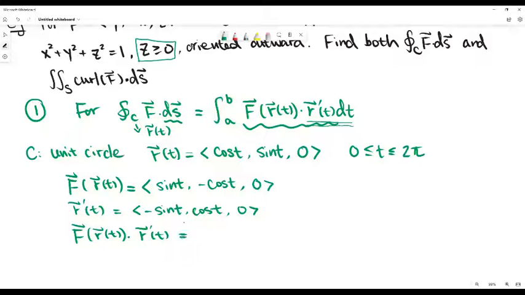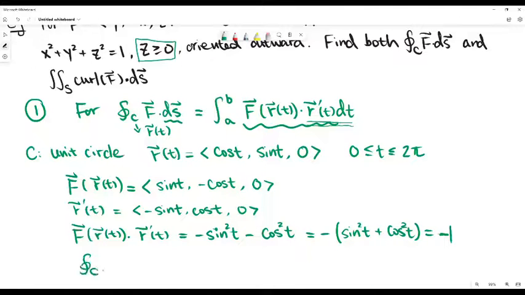I have sine t times negative sine t, right? So that's negative sine squared t. Negative cosine t times cosine t, so that's negative cosine squared t. And by the Pythagorean identity, if I take out a negative sign here, we can simplify this to negative 1, which means my line integral, this circulation we're trying to find, is just the integral from 0 to 2 pi of this function 1.